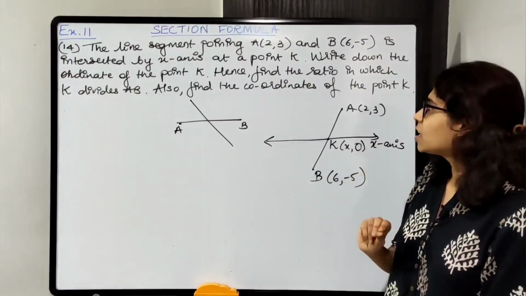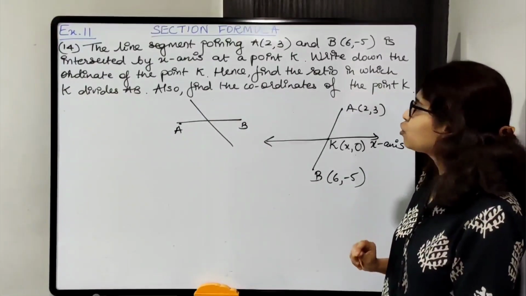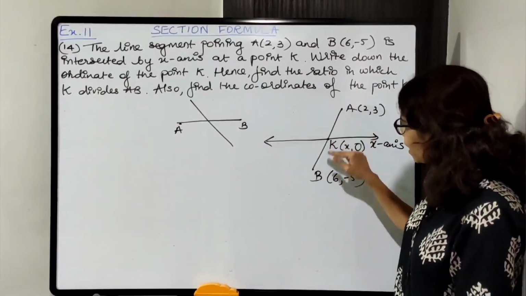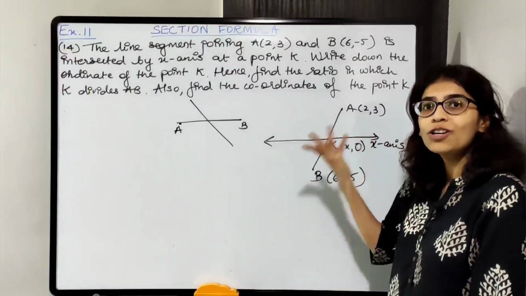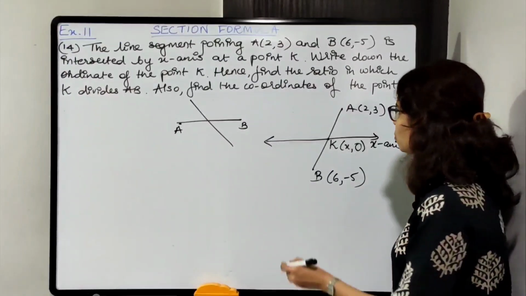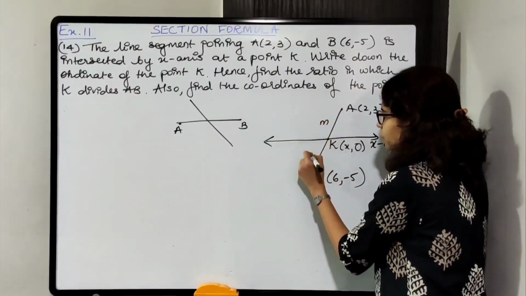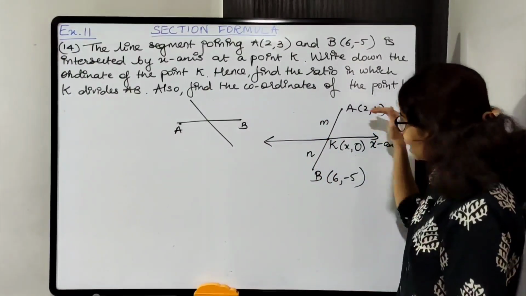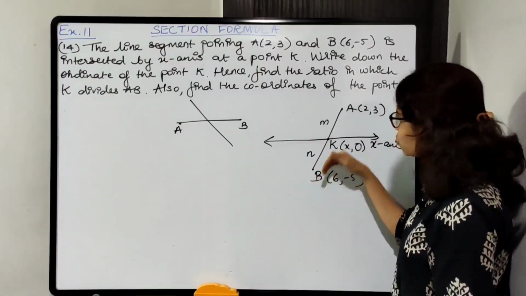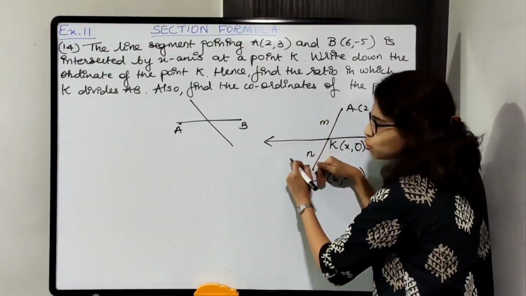Next, they have asked, hence find the ratio in which K divides AB. K is dividing AB. So in what ratio? We don't know. We need to find that. So we'll take it as m is to n, going from A to B, not B to A. So A to B, m is to n.